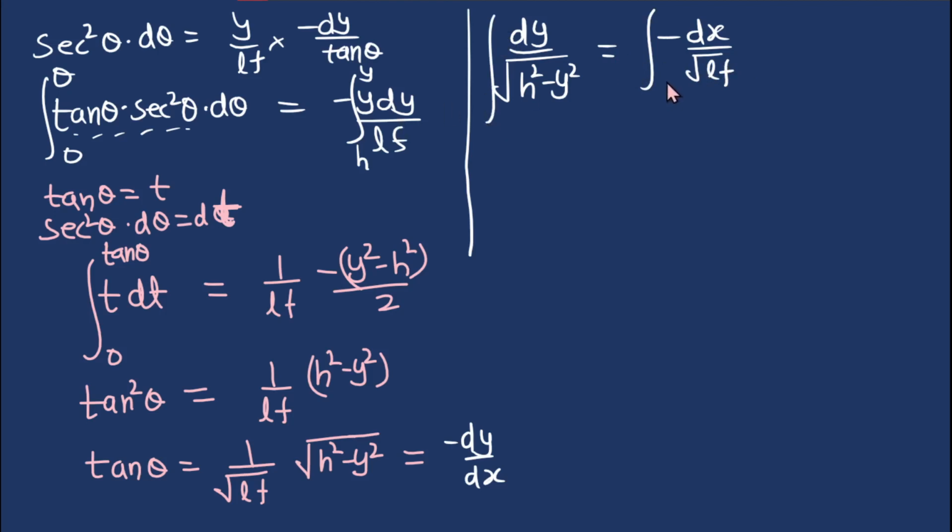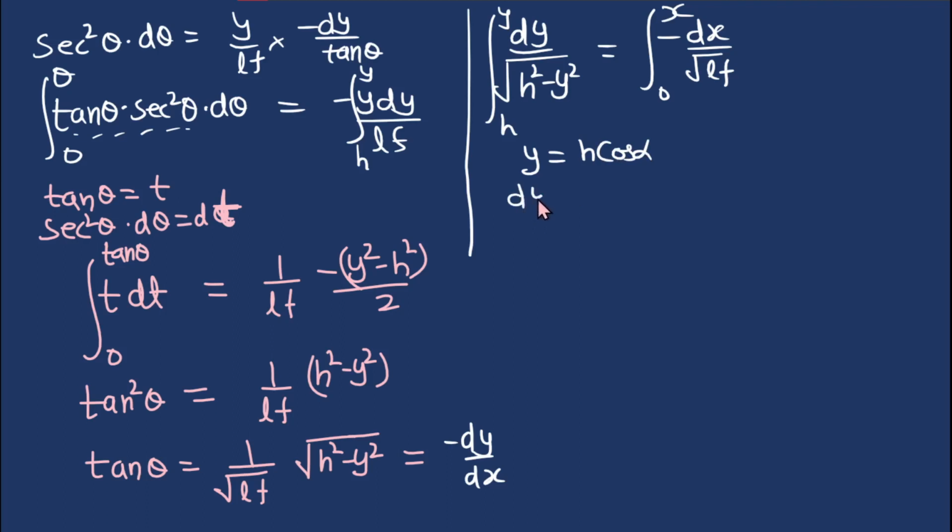So the initial value of x was 0 and the final value of x is at the general position x. Similarly, the initial value of y was equal to h and final value of y is going to be equal to y. So here we can take the substitution y as equal to h times cos alpha, right? So let's take alpha as another variable.